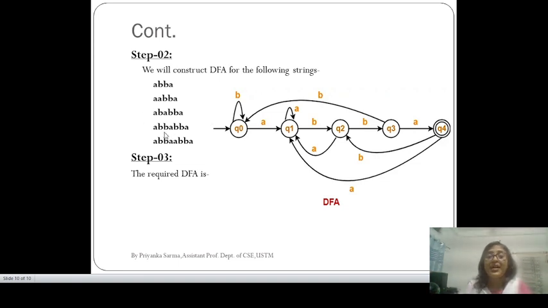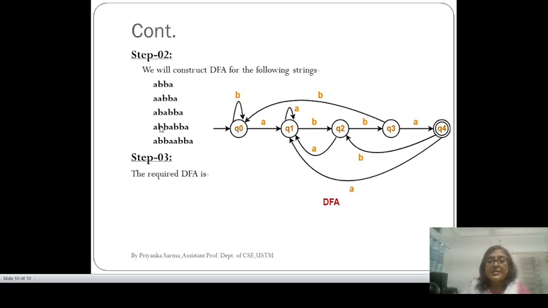Similarly, we can check for ABABBA, and we can also check for ABBABBA. So let's check the string ABBABBA. The first symbol is A, so Q0 can accept A and move to its next state Q1.